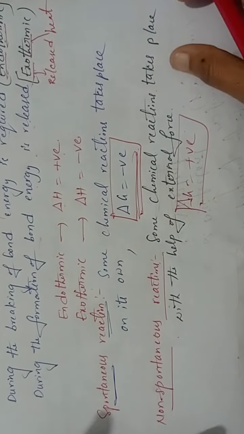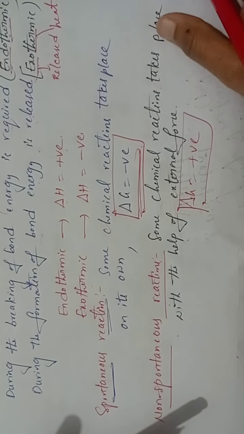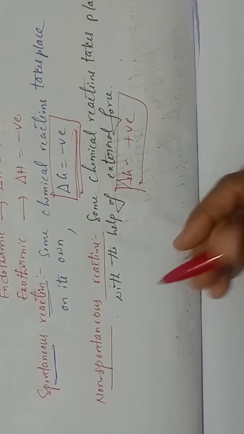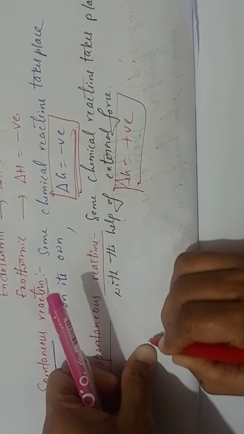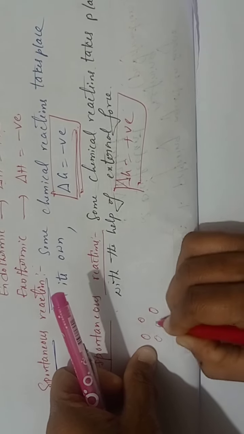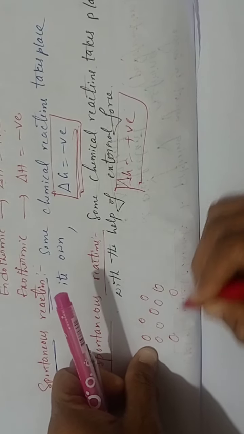Now see, here I'm showing entropy, the degree of disorderedness. Here the particles are randomly present, so the degree of randomness is more.